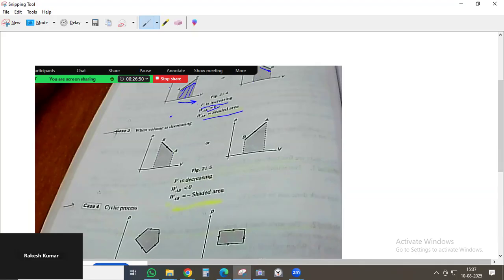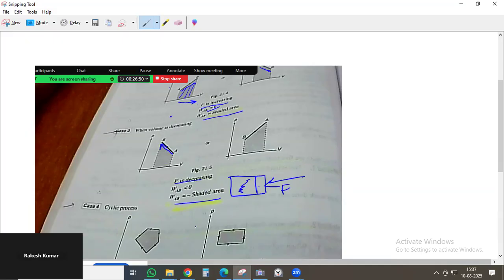But if you are going in the opposite direction, then V is decreasing, and the area is actually negative work being done. Negative work means on the system. We are talking of the system. That means the external is like somebody pushing from outside. That's why it's compressing.